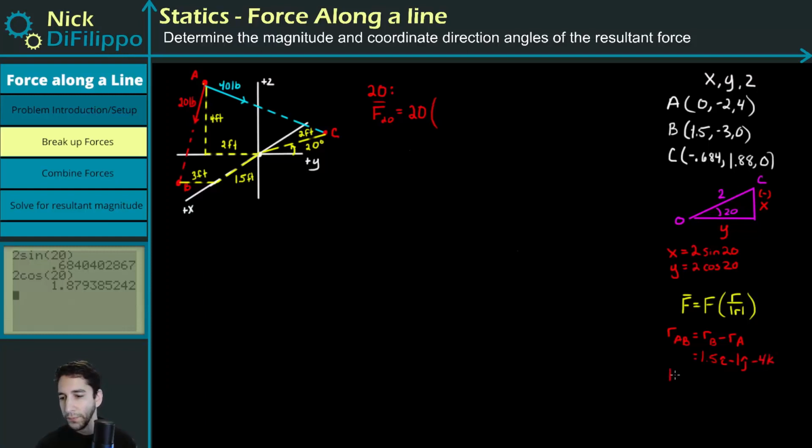Now the magnitude of this is the square root of 1.5 squared plus minus 1 squared plus minus 4 squared, and this is equal to 4.39.